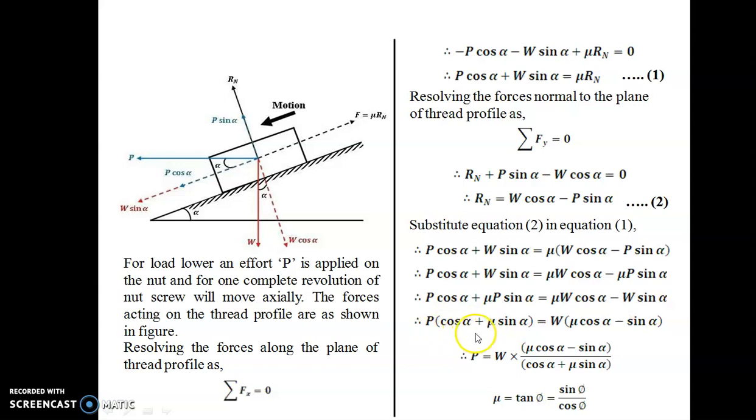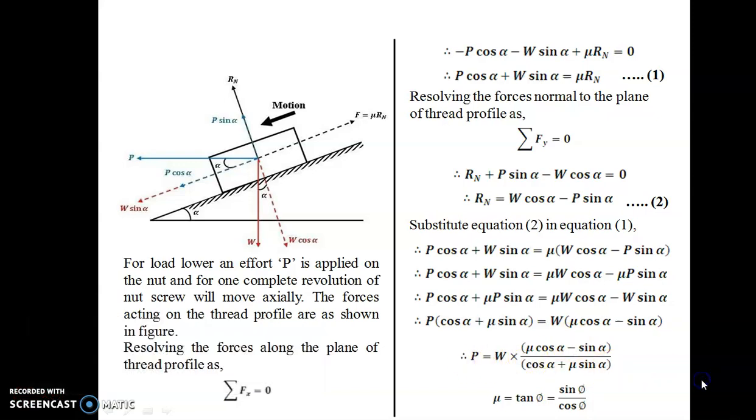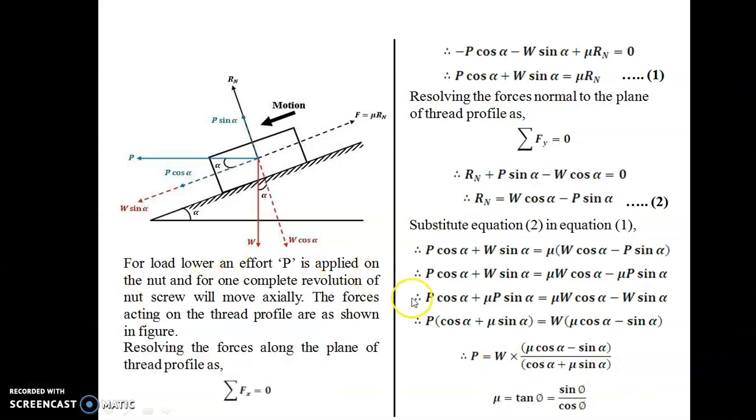P in bracket cos alpha plus mu sin alpha is equal to W in bracket mu cos alpha minus sin alpha. So P is equal to W into mu cos alpha minus sin alpha divided by cos alpha plus mu sin alpha.